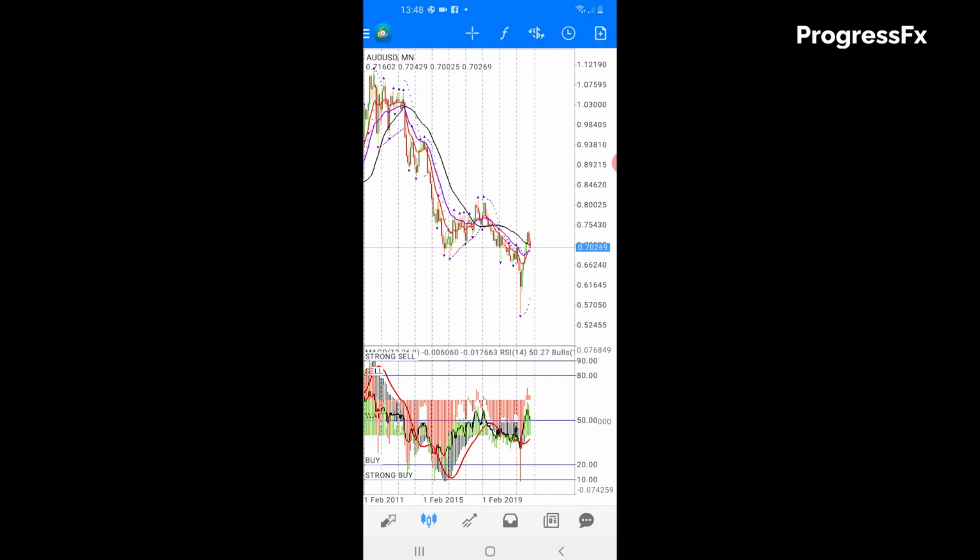So let's go to, just trying to cut it short, Australian dollar USD. As you can see, the market is still heading down, a kind of retracement. So the point is to guide your mind on where the market is going, so that even if you are trading a retracement and the market is going against you, you should have a reason to take your loss and prepare for the next entry.